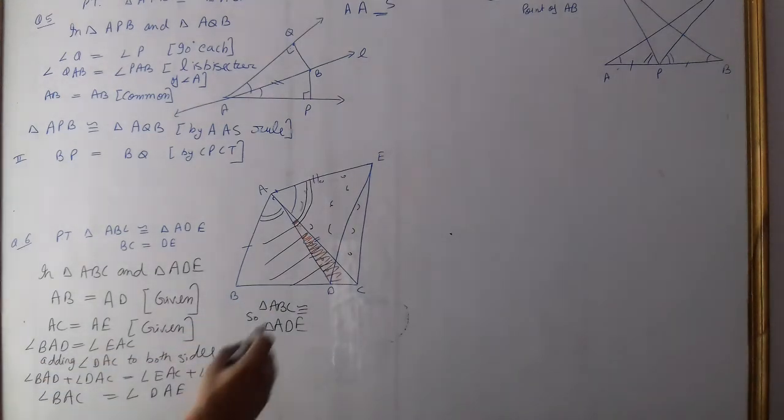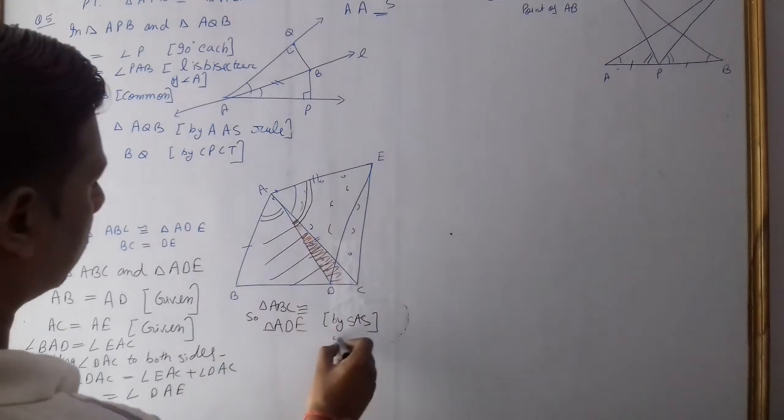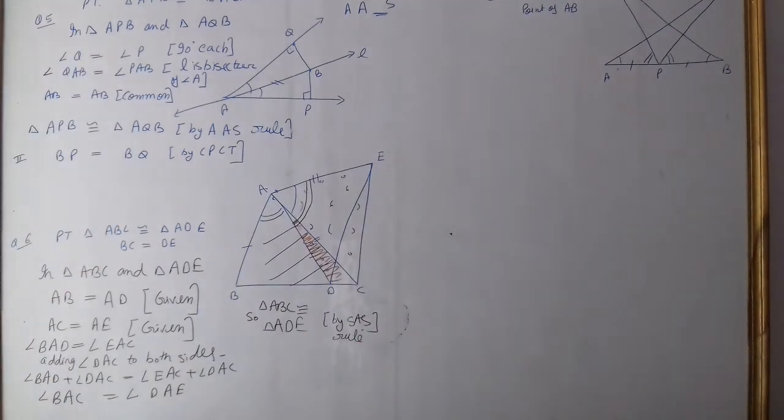By SAS rule. Is it clear, students? And after proving the two triangles are congruent, then we can write the remaining parts are equal to each other by CPCT. So we can write here BC is equal to DE by CPCT. Is it clear, students?